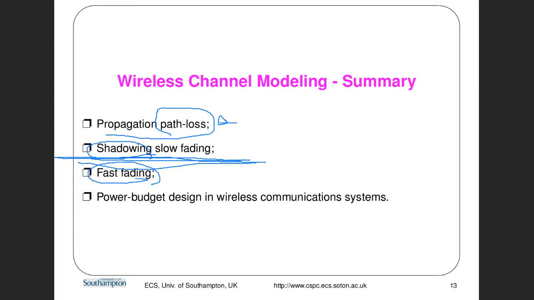So for the first 2 levels, we need to know those blockage and path loss. Those are power loss on a very large scale, so we need to know them beforehand. As a transmitter, we will increase the transmit power in order to compensate for that power loss.